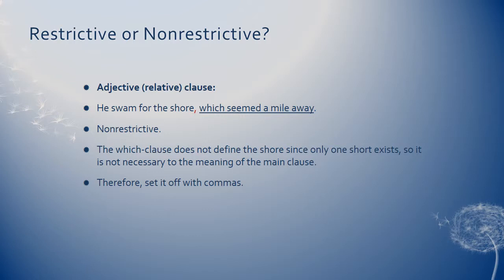The which clause does not define the shore, since only one shore exists. And so it is not necessary to the meaning of the main clause. Therefore, we should set it off with commas. And you might note that when you have "which" starting a relative clause, it's a clue that it is non-restrictive and is set off with a comma.